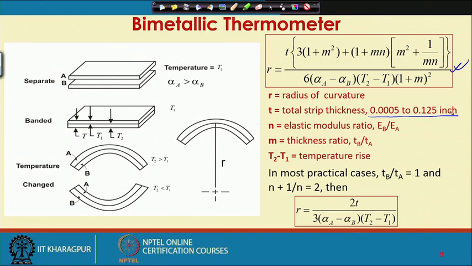So, remember the total strip thickness is the thickness of strip A plus thickness of strip B. So, if I call thickness of strip A is T A and thickness of strip B is T B, T is the total strip thickness equal to T A plus T B. M is the thickness ratio T B by T A. N is elastic modulus ratio E B by E A, and T2 minus T1 is the temperature rise.